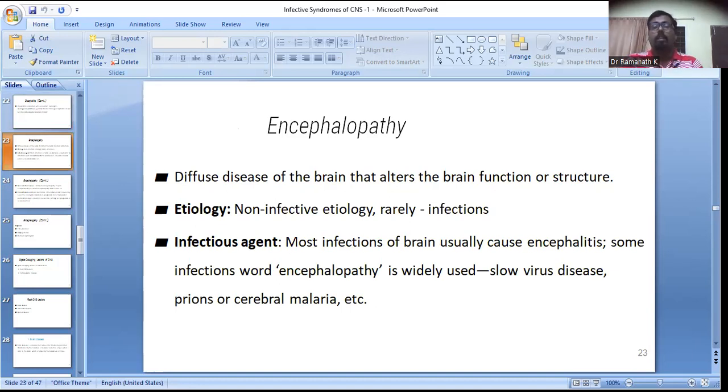The next terminology is encephalopathy. Encephalopathy is a pathological condition, a diffuse disease of the brain that alters brain function or structure. Etiology includes mainly slow viral infections, prions or cerebral malaria.